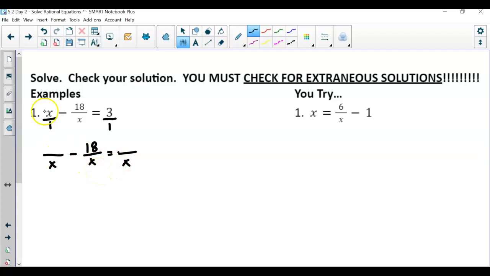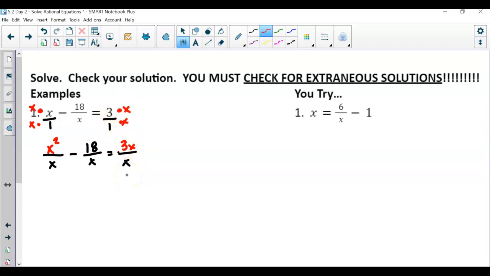I'm going to go ahead and multiply that first value here of x, or x over 1, by x. And same thing here with a value of 3. I'm going to multiply by x. So now x times x is x squared over x minus our 18 over x is equal to, here I've got 3 times x, so 3x, and then here's our over x.